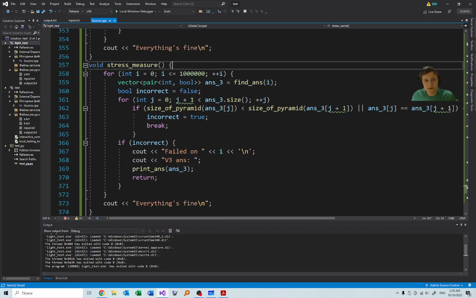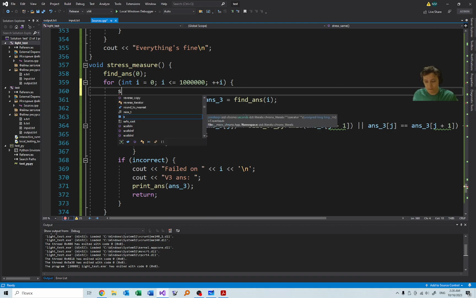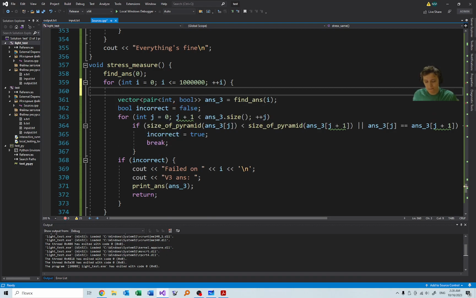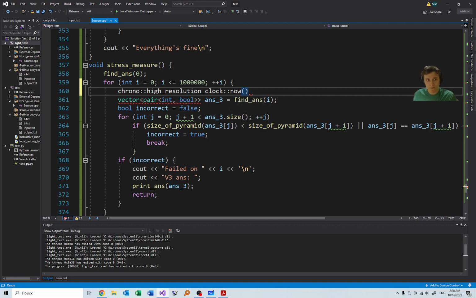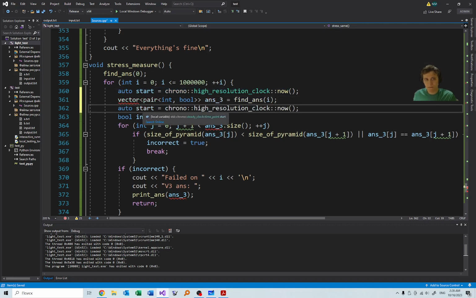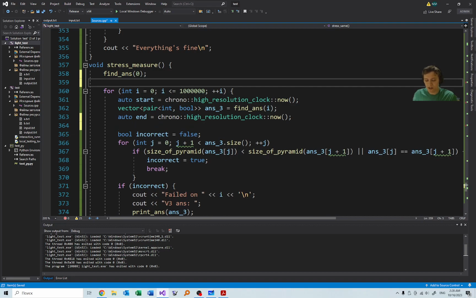So we run find dance of 0. Then we go through all numbers, and we find the maximum duration.